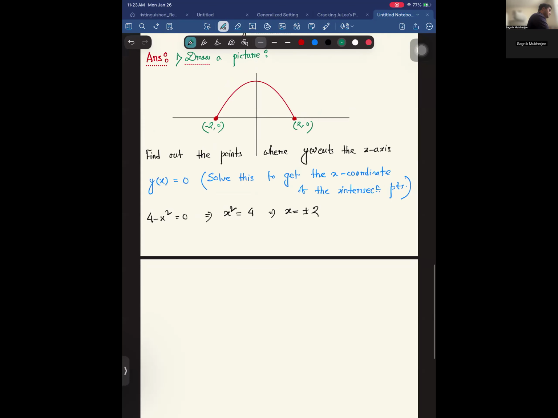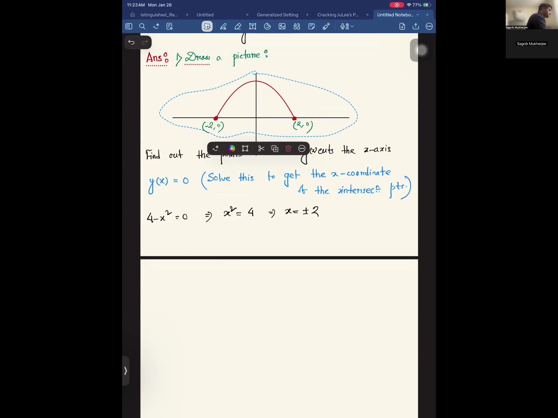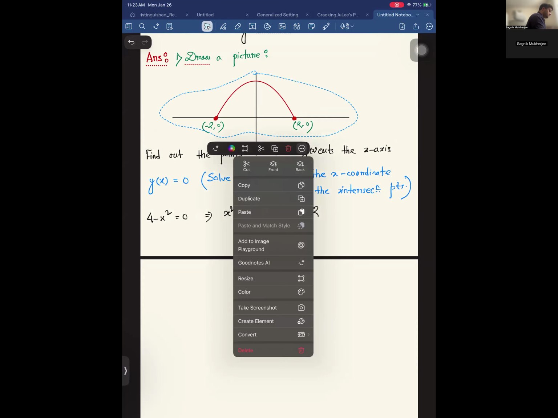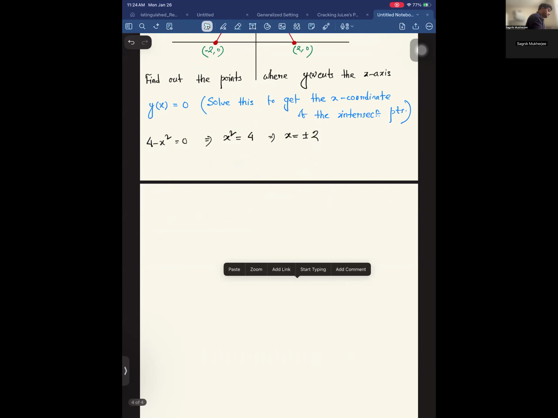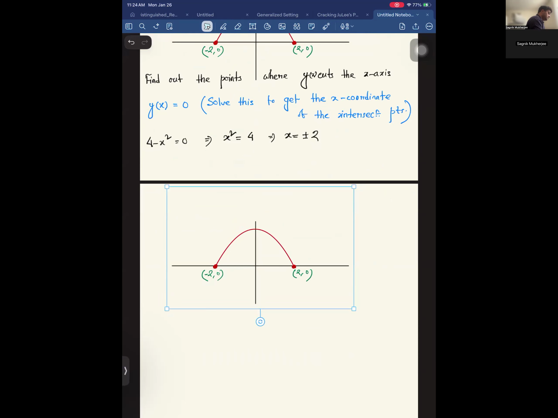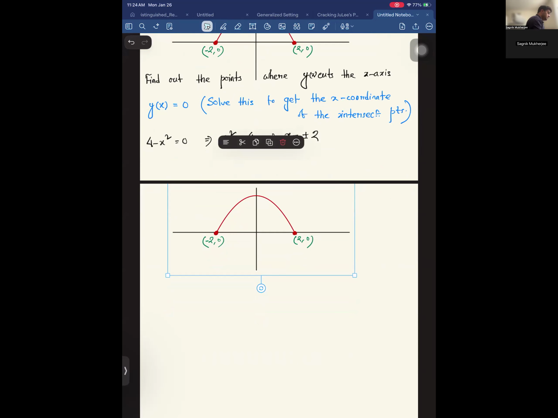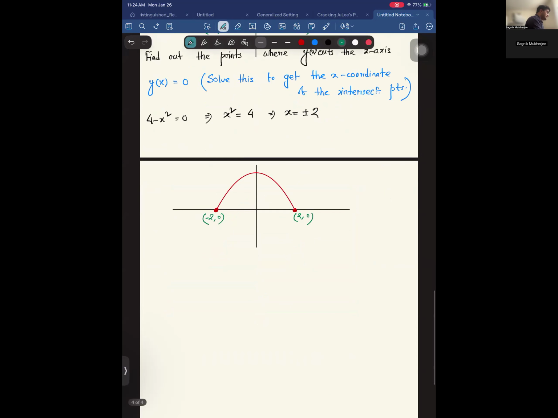And then you are trying to rotate this guy around the x-axis.